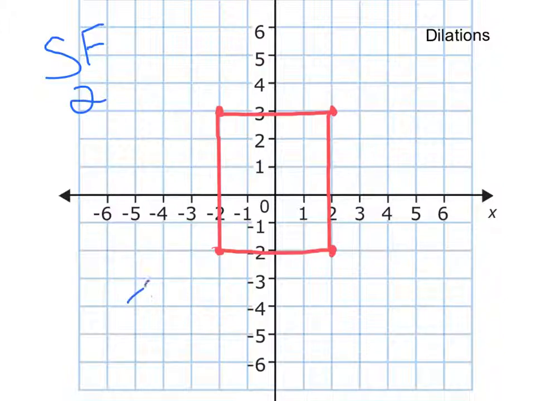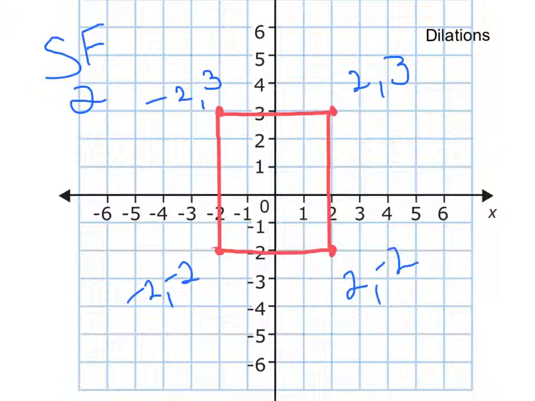Here we have (-2, -2), and we have (2, 3), (-2, 3), excuse me, and here we have (0, 2), and we have (2, -2).